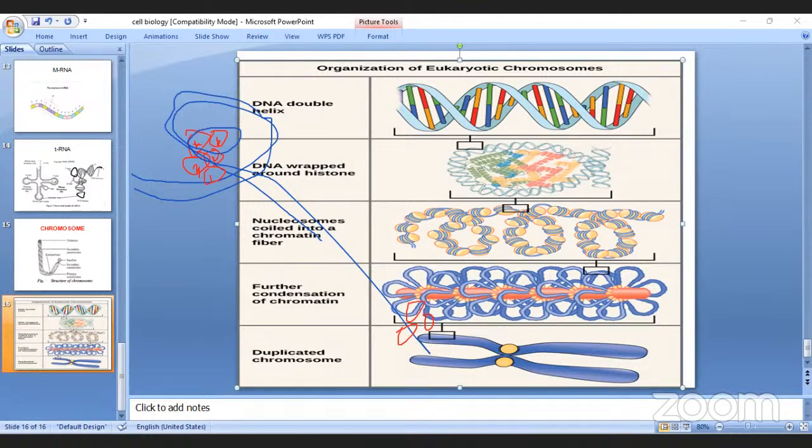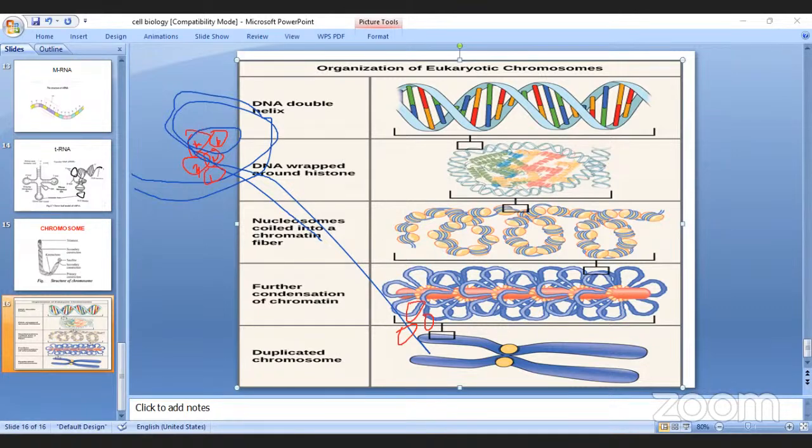Are you able to see the marker cursor? Yes, sir. So this is the red colored histone nucleosome, and again the chromatin thread attaches to the next histone protein. Like this, histone proteins continue along the entire chromosome, right?